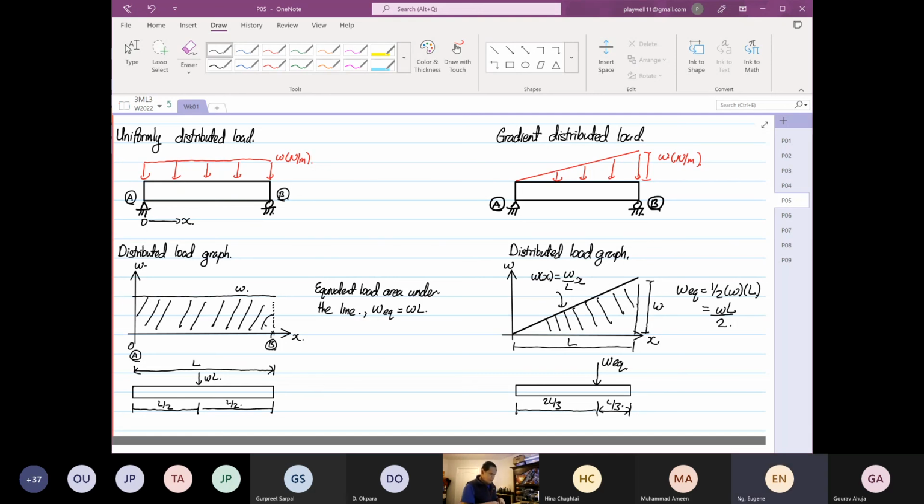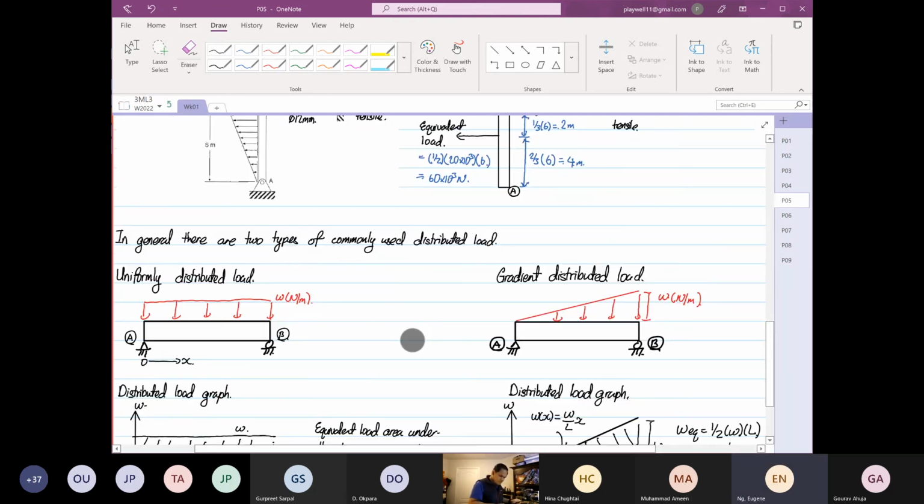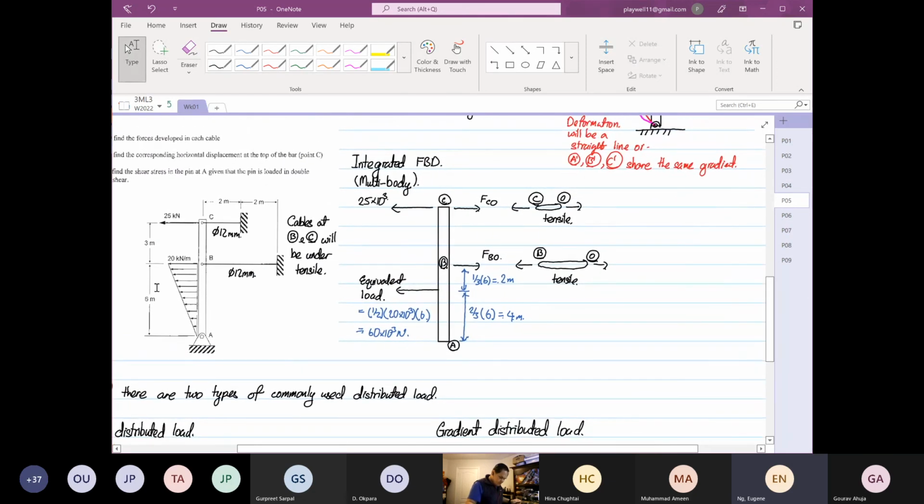Okay, so I'd like to move on in this example. I'll copy this whole diagram again, the free body diagram.